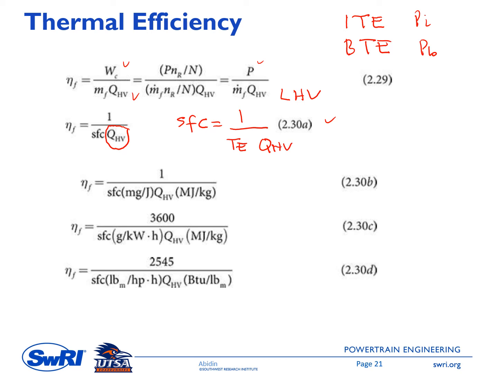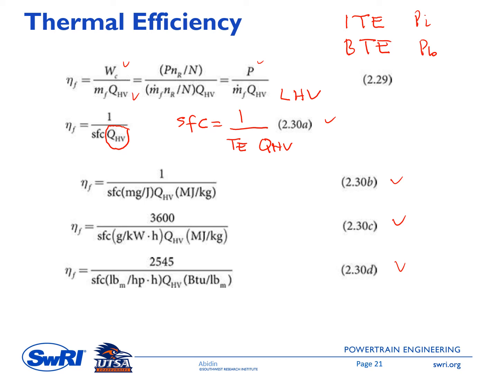From this correlation, you can see that if you replace the fuel of an engine with one with a higher heating value, then you will have less specific fuel consumption. It means your engine requires less fuel to deliver the same output power. This makes sense.